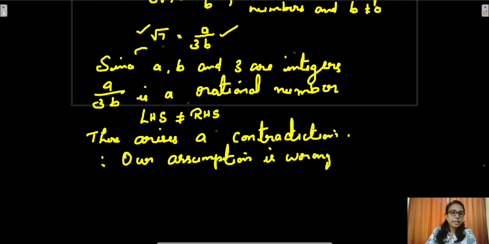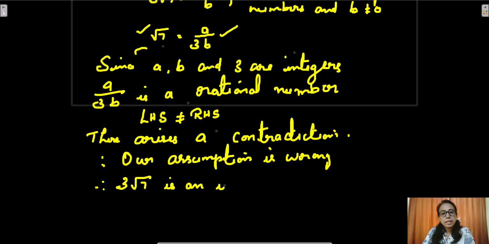Therefore, what is the question? We have to prove that 3 root 7 is an irrational number. So 3 root 7 is an irrational number.